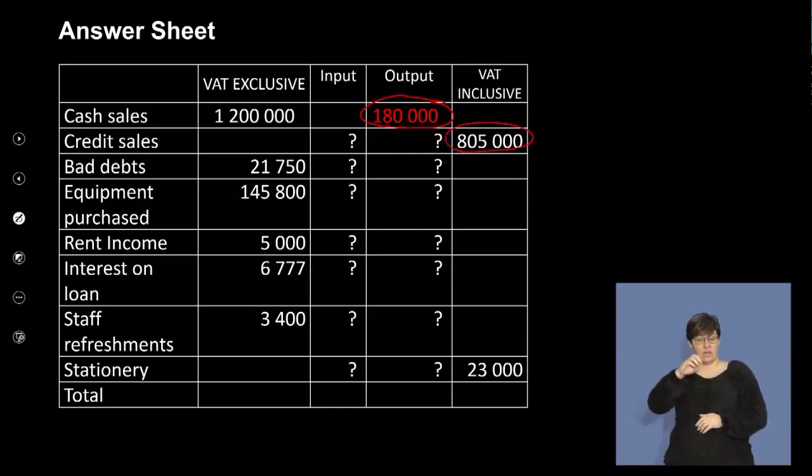But notice the difference now is you are given the amount as VAT inclusive, right? It changes completely in terms of your calculation. Watch my calculation now. What do I say?